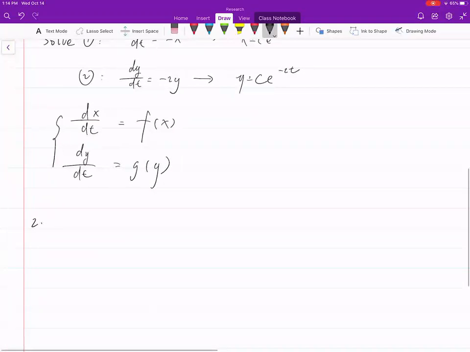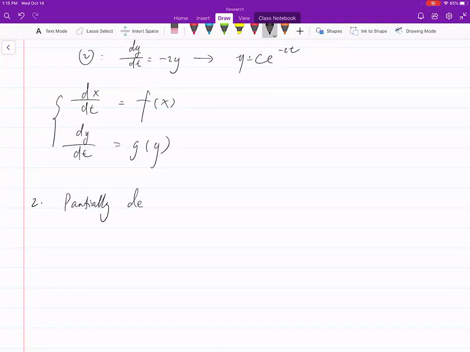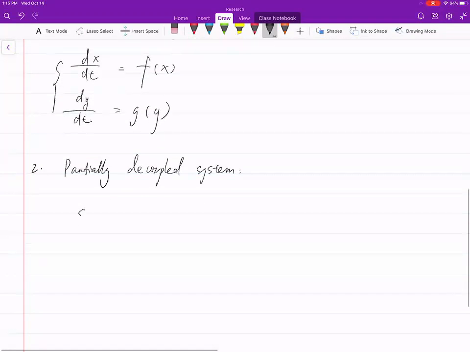Number two. Now we have something called a partially decoupled system. It's not completely decoupled, but what you have is something similar to this.